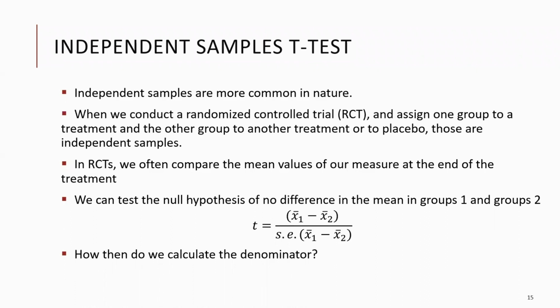So here we can test the null hypothesis of saying there's no difference in group 1 and group 2, using the independent sample test. And you have a formula in there where we talk about the mean of 1 versus the mean of 2. That's the difference between the two groups divided by the standard error of the difference between the two groups.